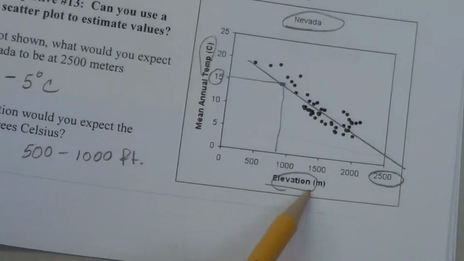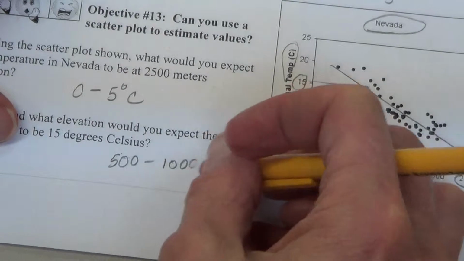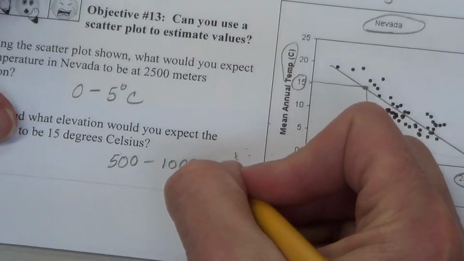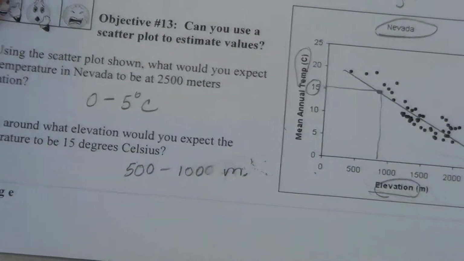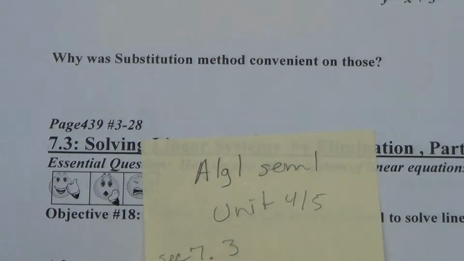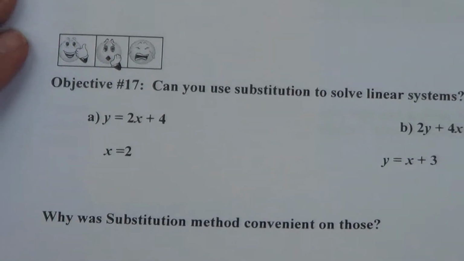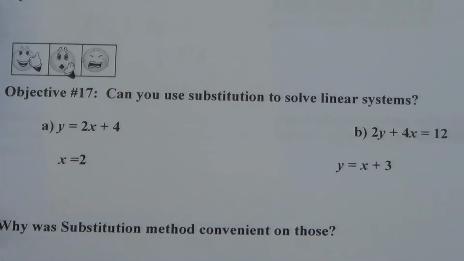Because down on this axis is our elevation. Whoops, not feet. I am so sorry. Meters. That's why it's important to read our axis. Okay? So, you shouldn't copy mine. You shouldn't have windows on yours. You should just tell me what your trend line comes out with. If it doesn't come out within my window, then ask questions at the beginning of class.